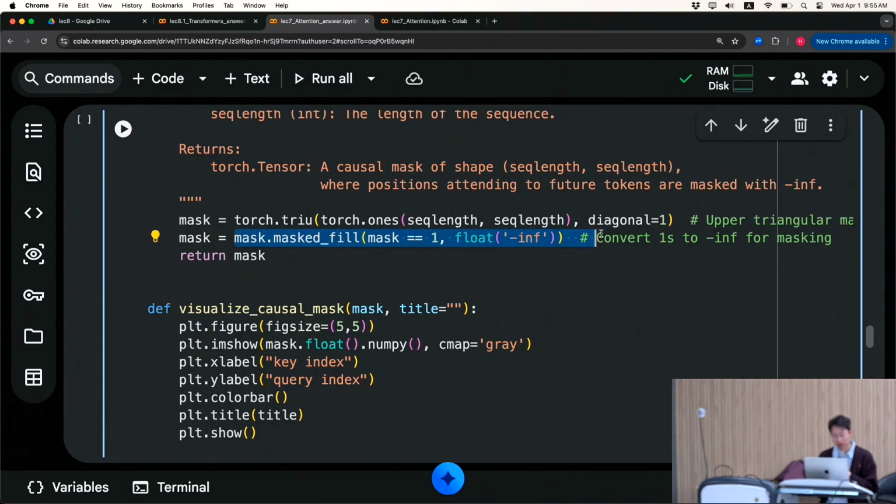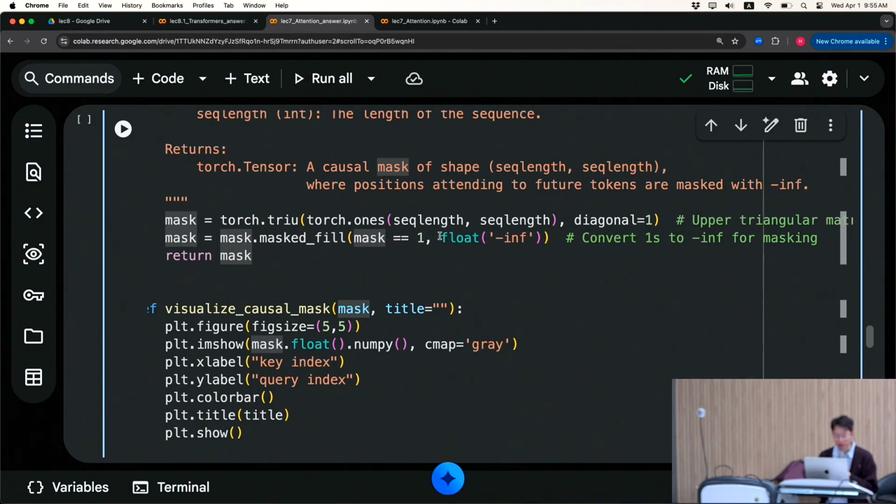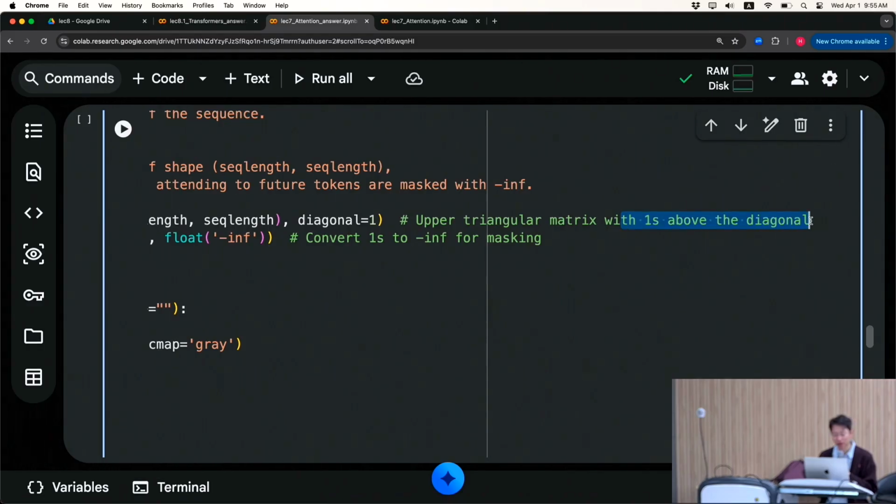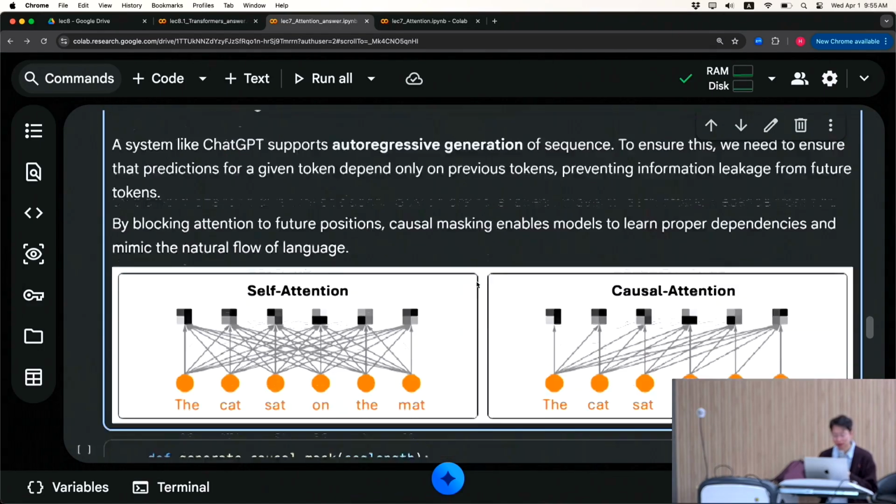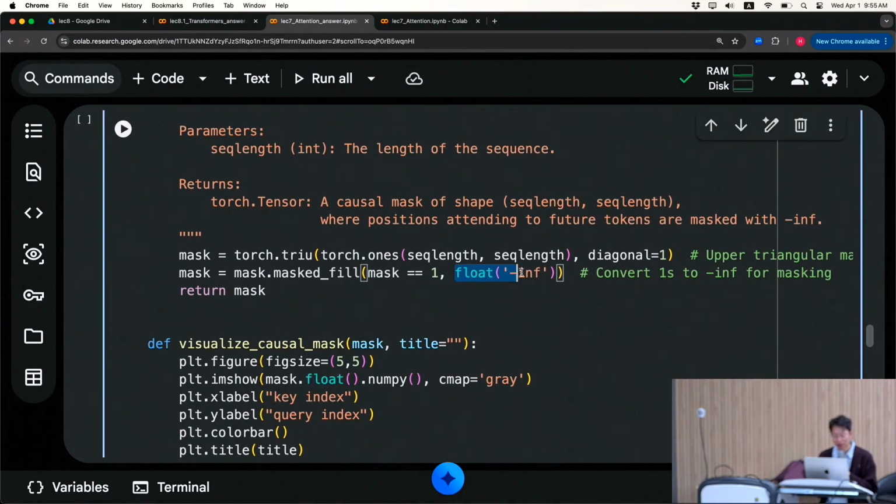And here we're going to look at all the ones and replace them with negative infinity. So we're going to create a mask where all the entries above the diagonal are set to negative infinity.